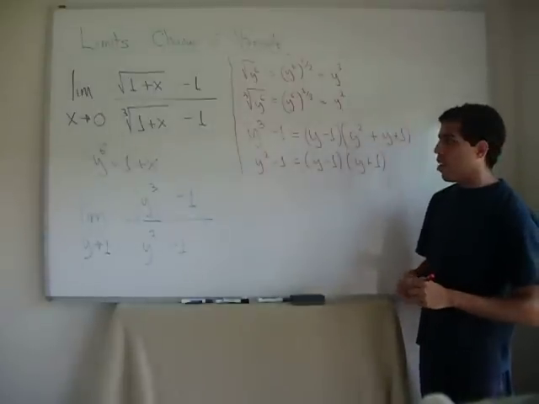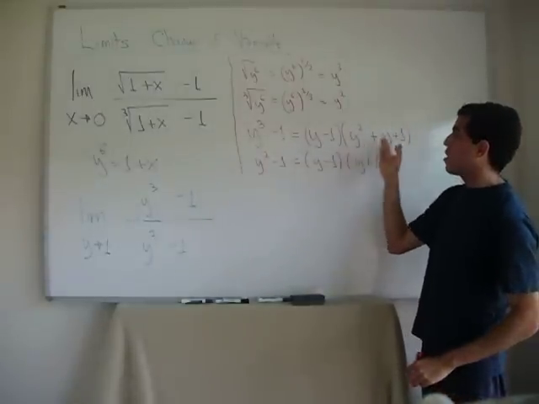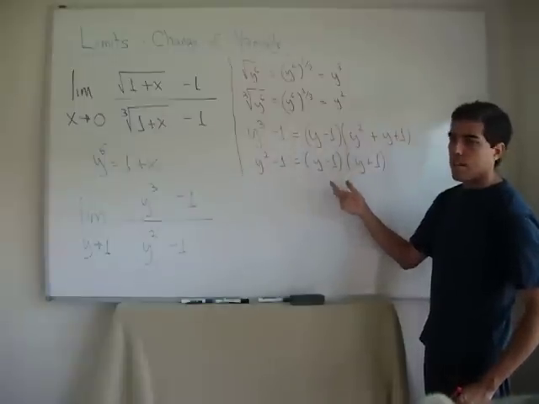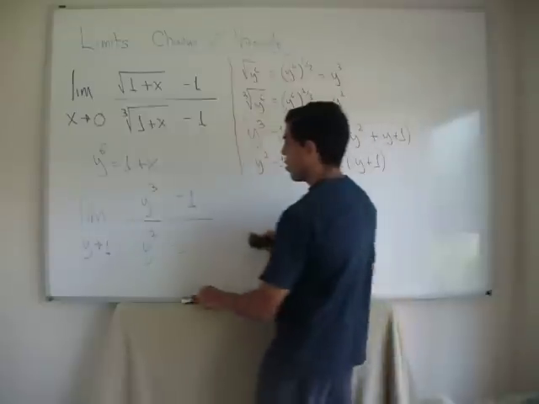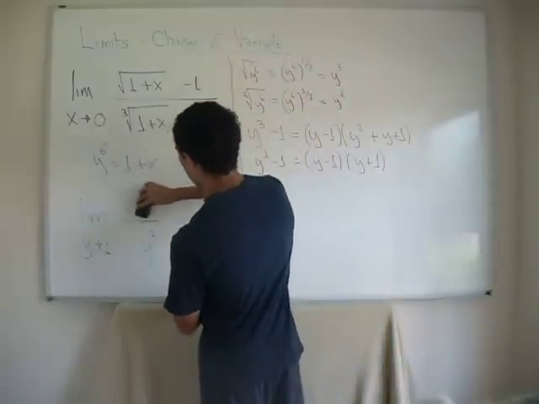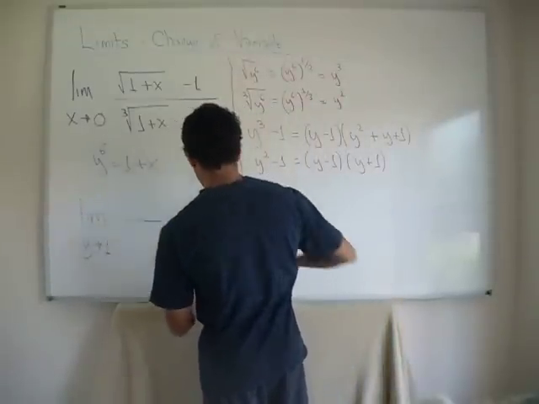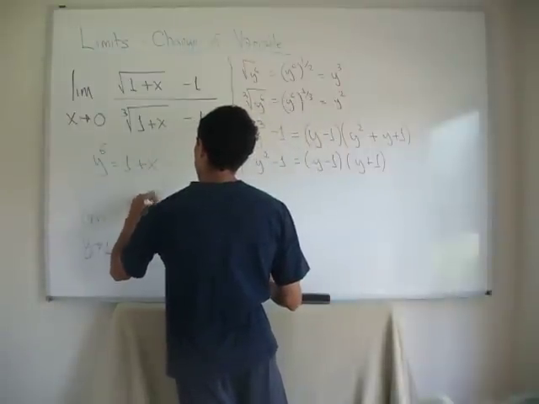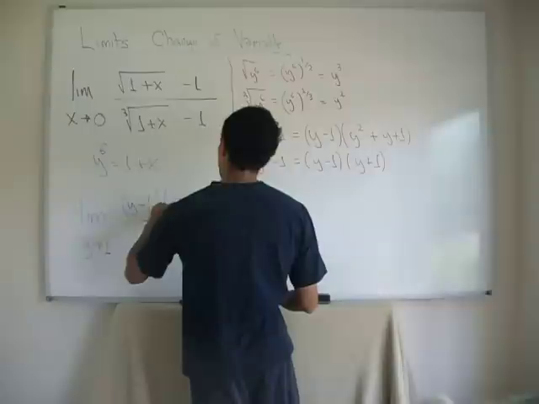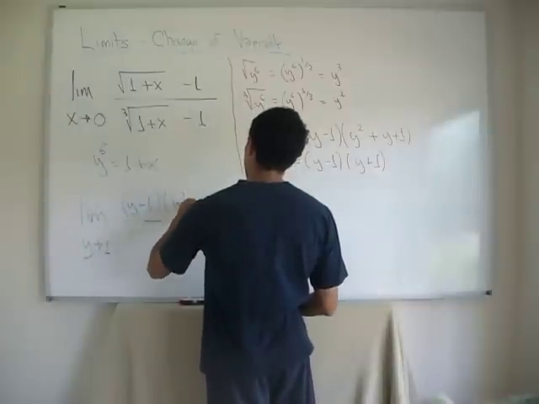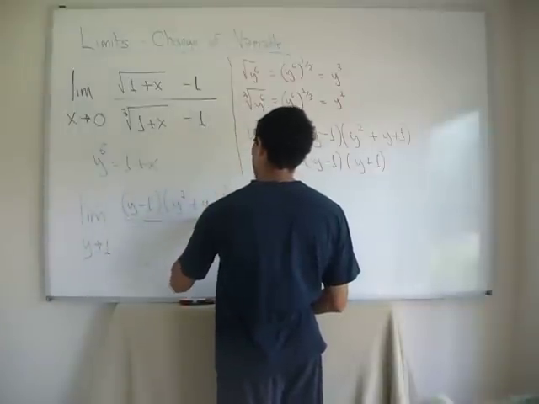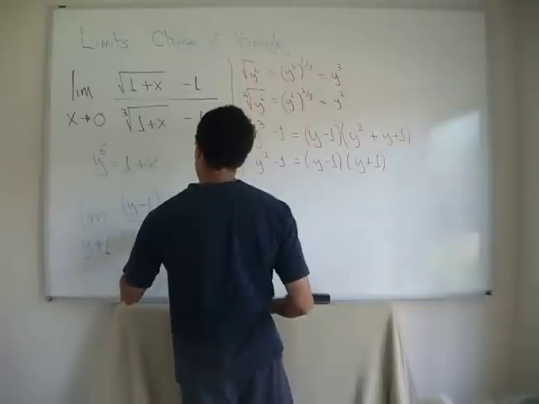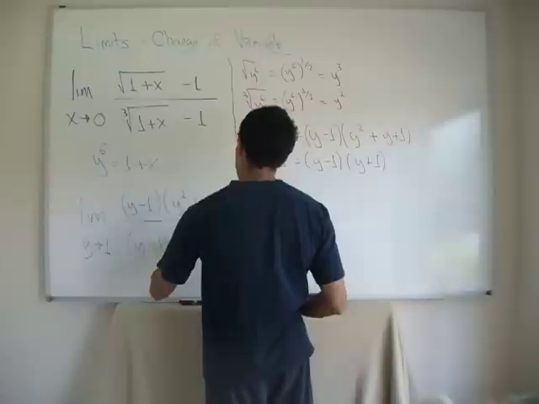So this we rewrite as this, and this at the bottom we're going to rewrite as this. It's just notable products. So let's do that. We're going to have y minus 1 times y squared plus y plus 1, and at the bottom, y minus 1 times y plus 1.